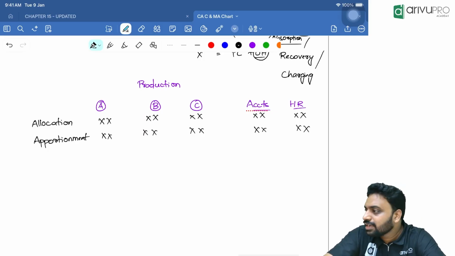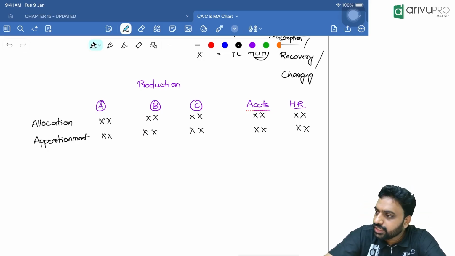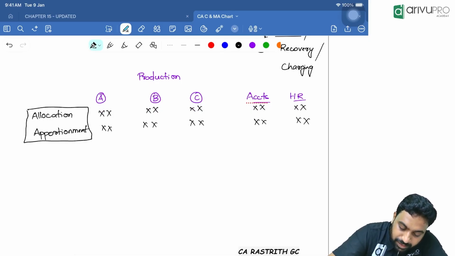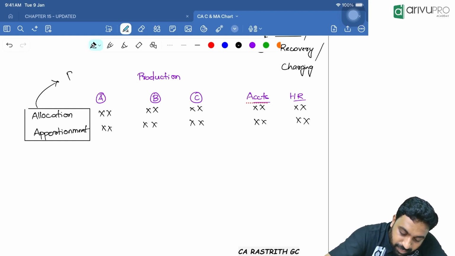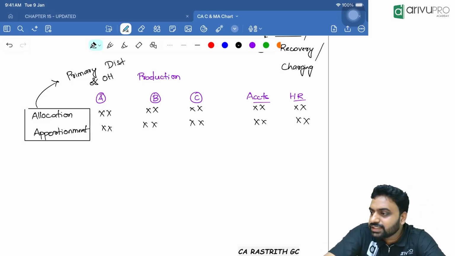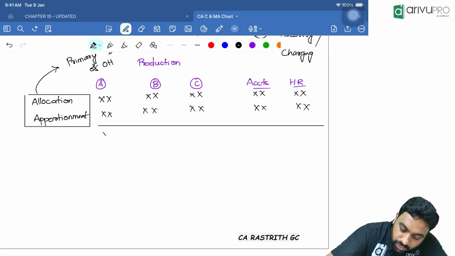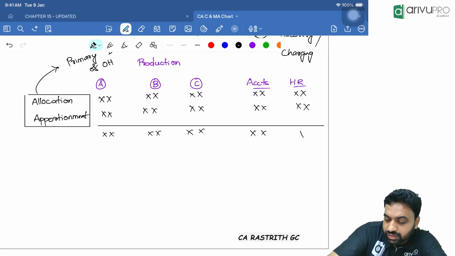What do we call it? Apportionment. Got it? Now, this allocation plus apportionment, this thing we call primary distribution of overhead. What do we call it? Primary distribution of overhead. After primary distribution, we get to know the total overhead of each particular department.